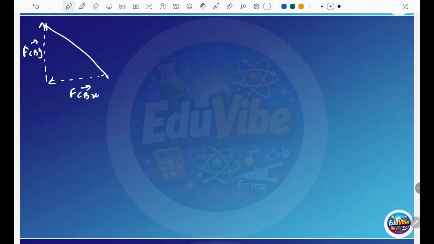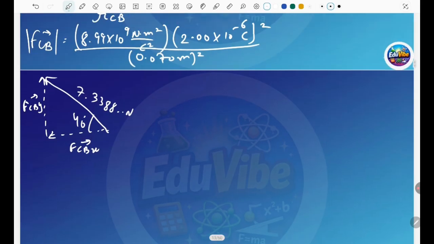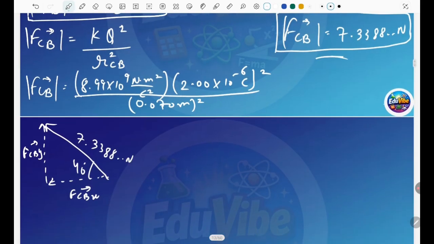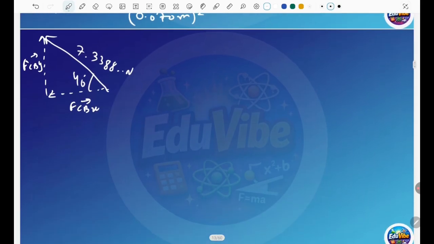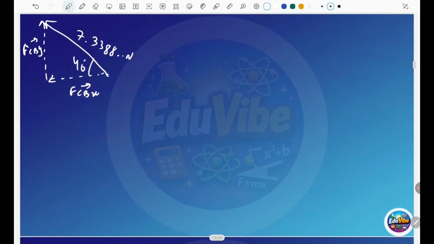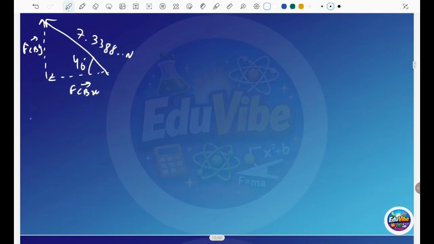And this is your net one, which is the force from C to B, which is 7.3388 newtons. So this is already fine for you. You have to take this one, not the 7.0, because 7.0 is the distance between the charges. We want the net one, which you have to calculate.